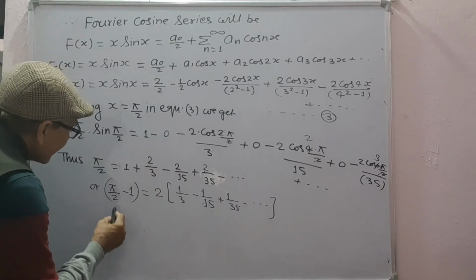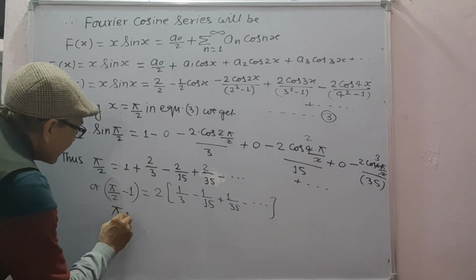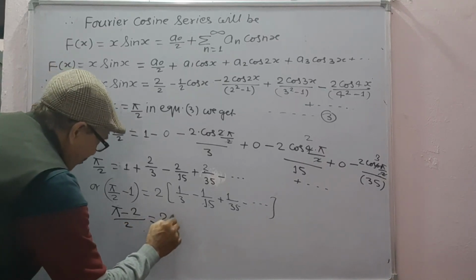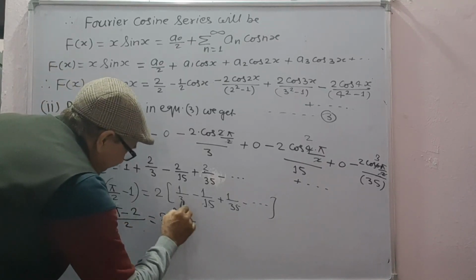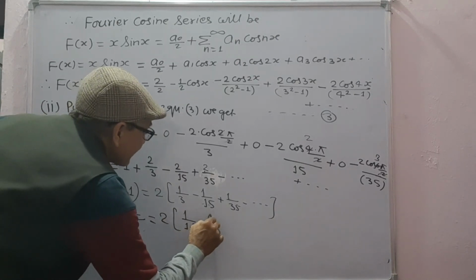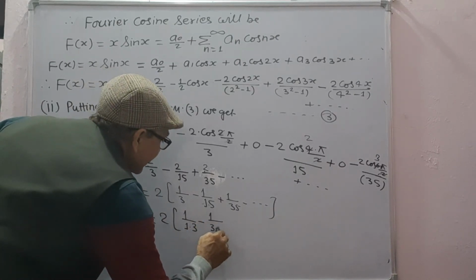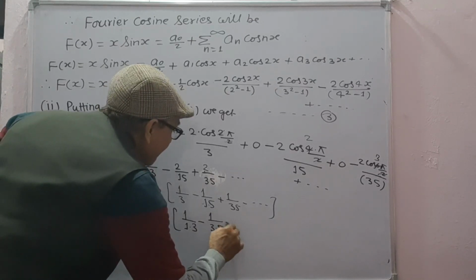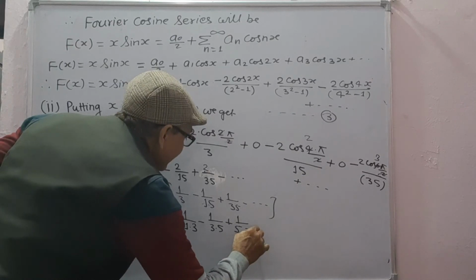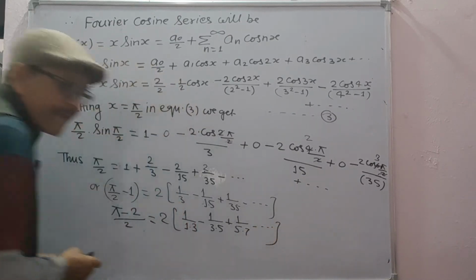Taking LCM, we get pi minus 2 upon 2 equal to 2 times the series. This can be written as 1 into 3, this can be written as 3 into 5, this can be written as 5 into 7 and so on.